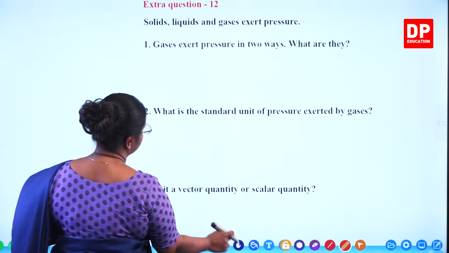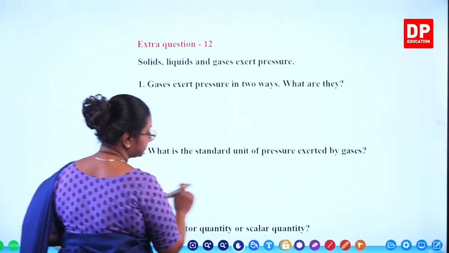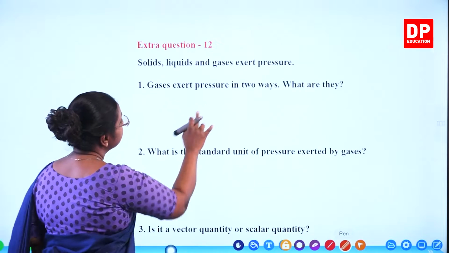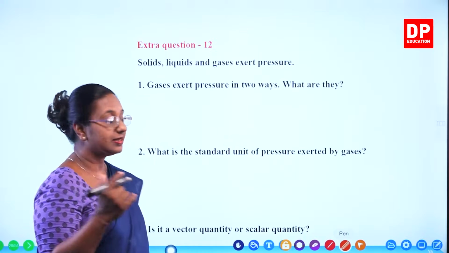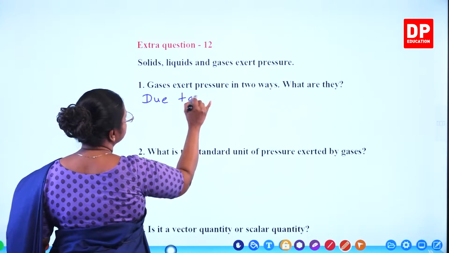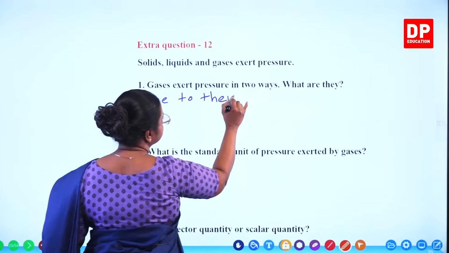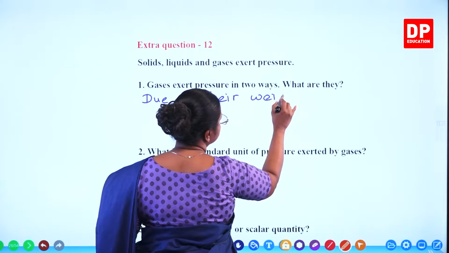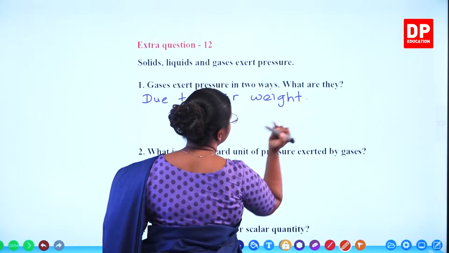So here if we write the answer: gases exert pressure in two ways. What are they? Due to their weight, that is one.